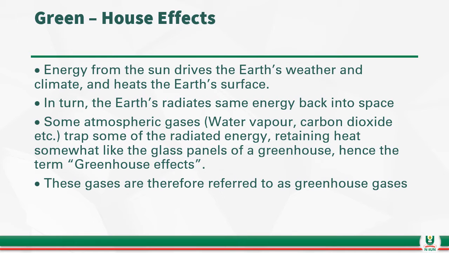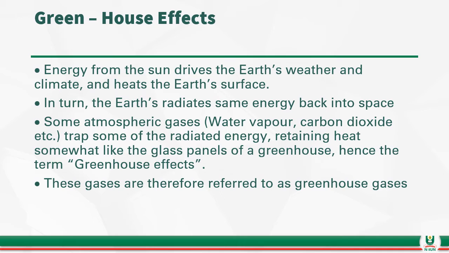Greenhouse effect. The greenhouse effect is the rise in temperature on Earth as certain gases in the atmosphere trap the Earth's radiated energy. Energy from the sun drives the Earth's weather and climate and heats the Earth's surface.